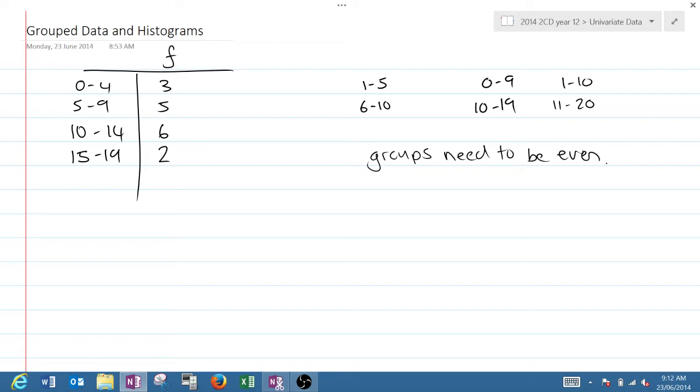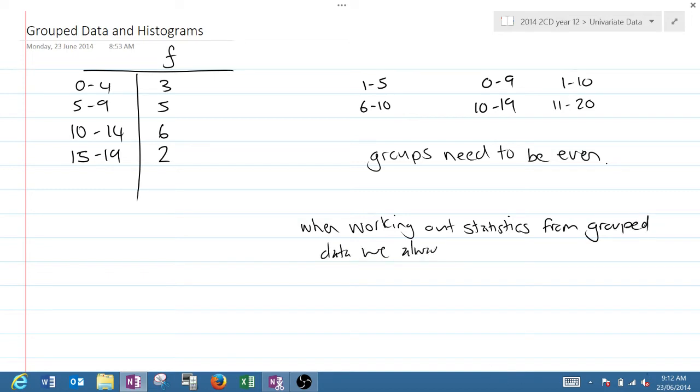So when working out statistics from grouped data, we always use the midpoint of each group.